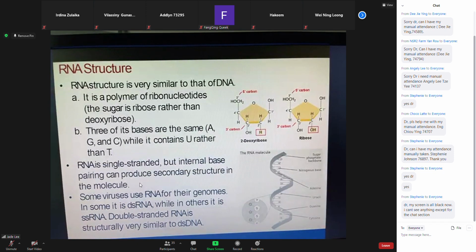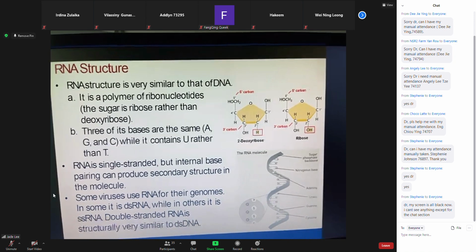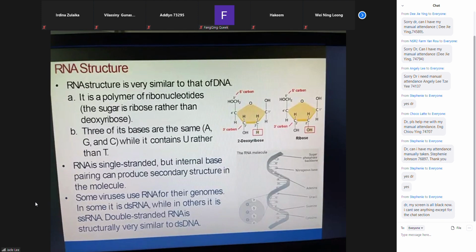You don't have to know which virus has this, but just to let you know that RNA can appear in single-stranded or double-stranded form.